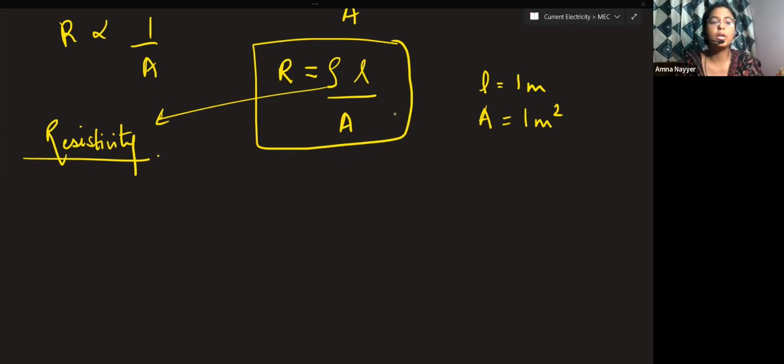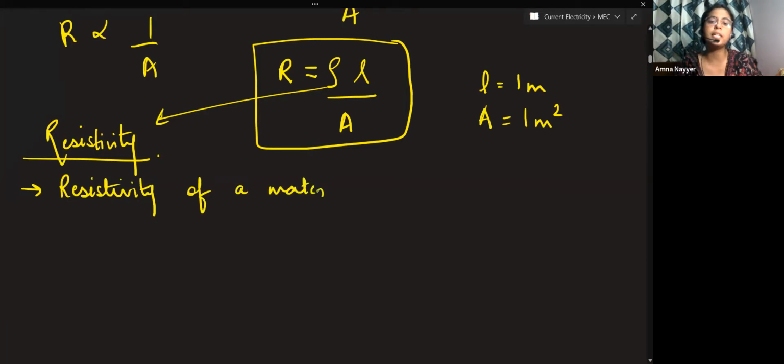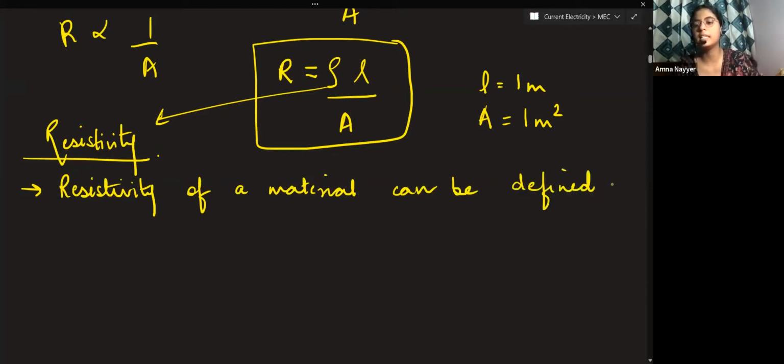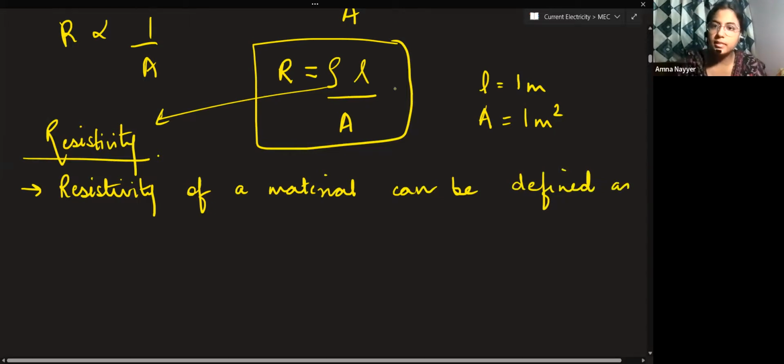So how can I define resistivity? Resistivity of a material can be defined as the resistance. See, if I put all these factors, then resistance will be equal to resistivity. It means resistivity is actually the resistance.